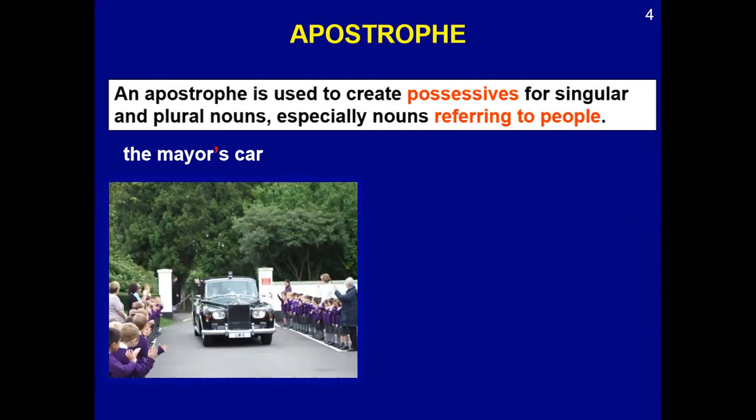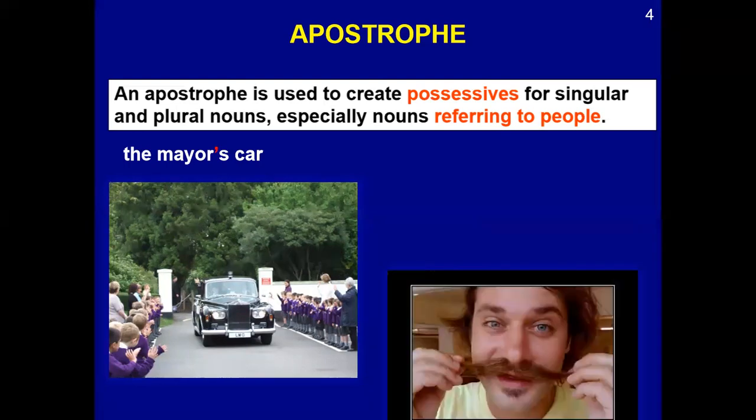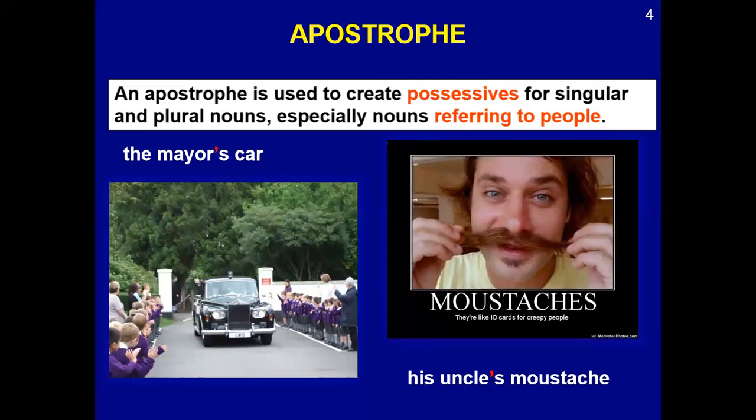It is showing ownership, that this is the car of the mayor. So the mayor's car, the boy's book, Ali's idea, Ahmed's house. These are examples of showing possessiveness. Then we have the example, his uncle's mustache.